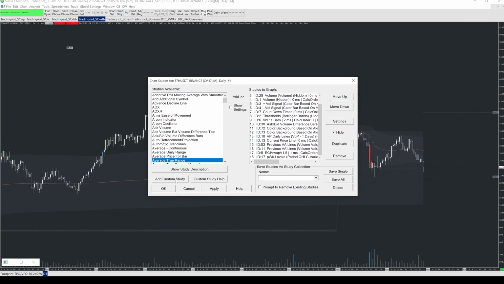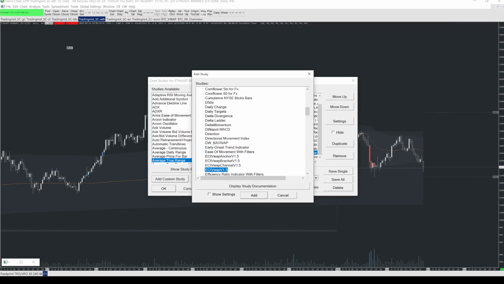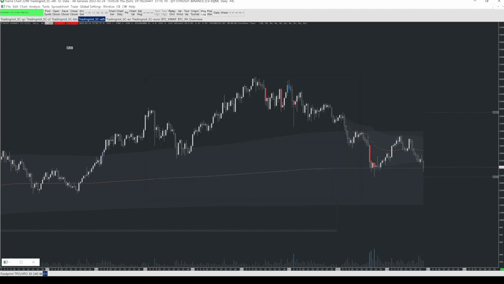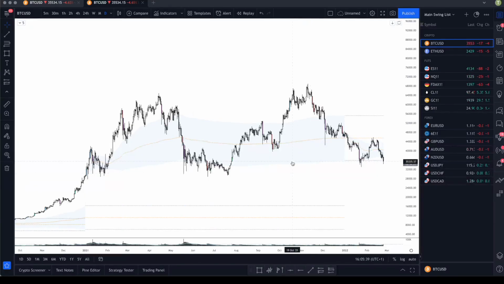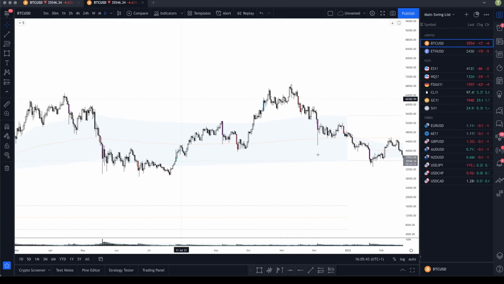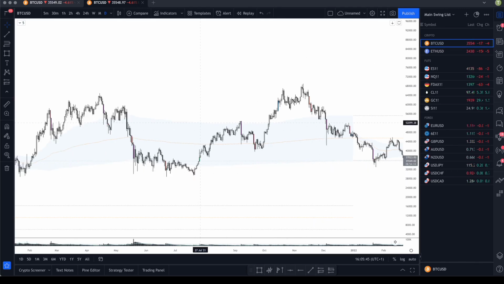You will find it in your custom studies. It's not in the indicator list, but you will have to go to the custom studies tab here, and it's going to be there. But I know most of you are using TradingView anyway. So you will add the one standard deviation from the VWAP.